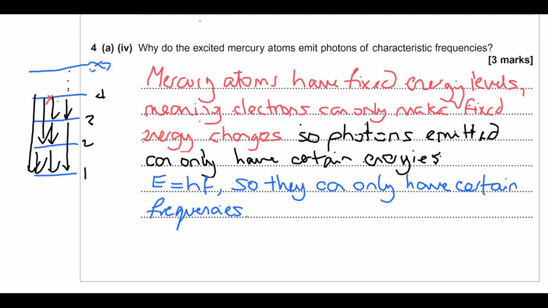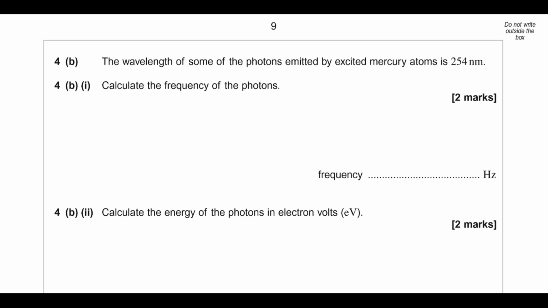Okay, so let's do the calculation part of this question. The wavelength of some photons emitted is 254 nanometers. Calculate the frequency. So you have the wave equation, but with the speed of light because it's photons. So frequency is going to be the speed divided by the wavelength.